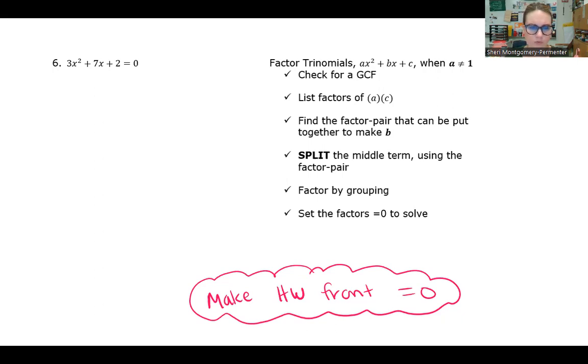Doesn't it say mixed review? Okay, everybody should be finishing up this last question.